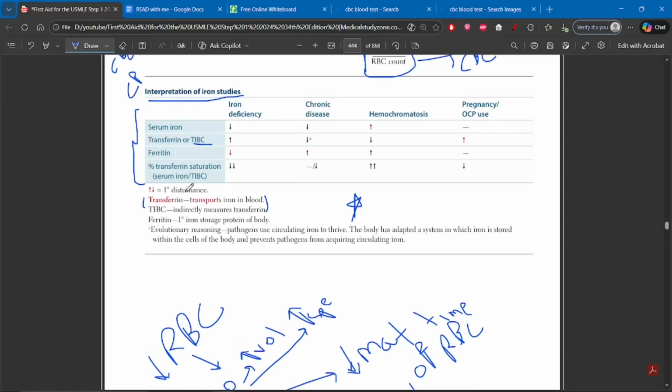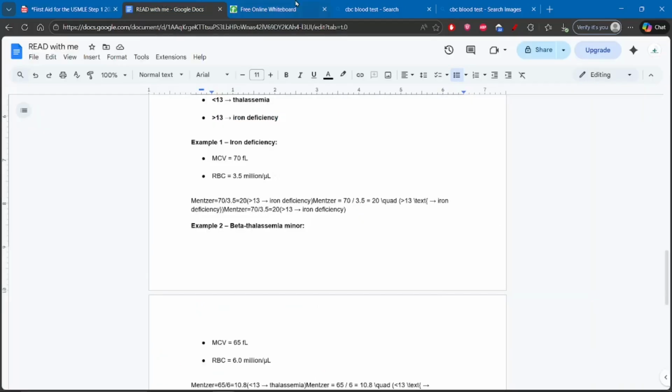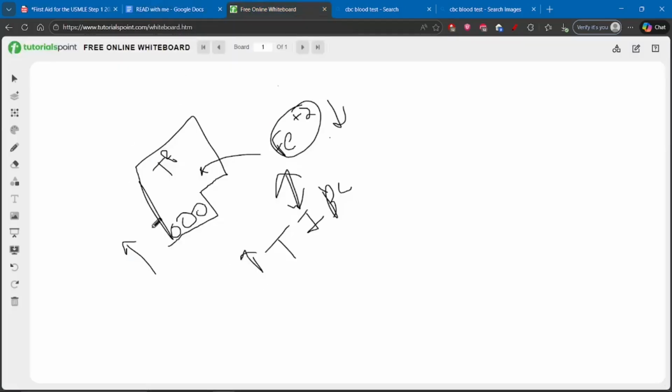Okay, and the percent transferrin saturation is basically how much the transferrin molecule is saturated. So if iron is low, the percent transferrin saturation will also be low. These both go in conjunction, because if there is less iron, there's going to be a lower percentage of the molecule that is saturated by iron.